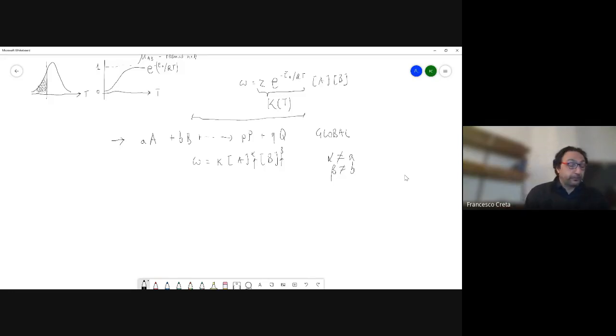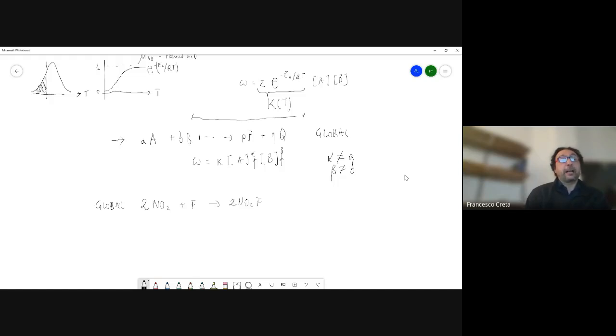I'll give you this example here of a global process. Forget what this means. It's absolutely irrelevant. It's just a global process.